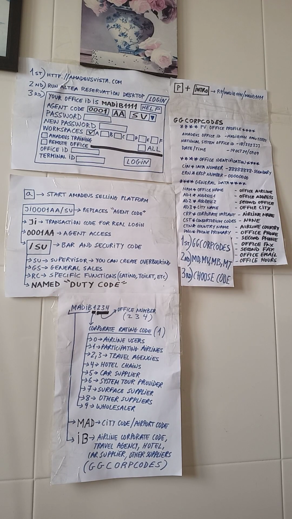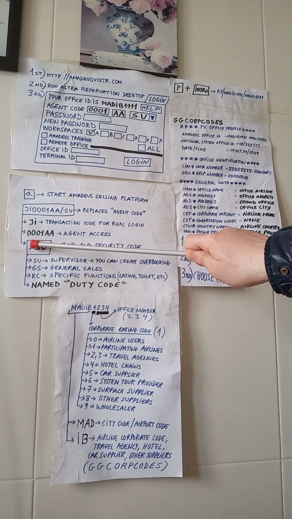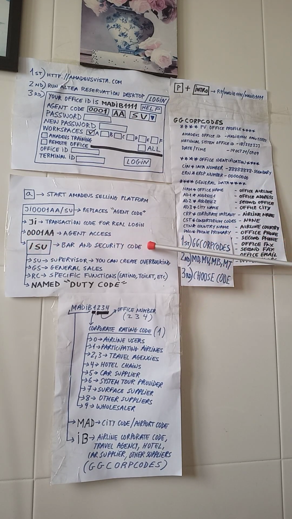So the 3 options we have inside, touching the triangle, okay, to display 3 options, the 3 options are SU, the one we have here by default, it means supervisor, and also we have other 2 options, GS, general sales, and RC, to speak about specific functions, okay? The difference between the duty code here is a triangle, and here is a bar, okay? Before the code, bar and security code.